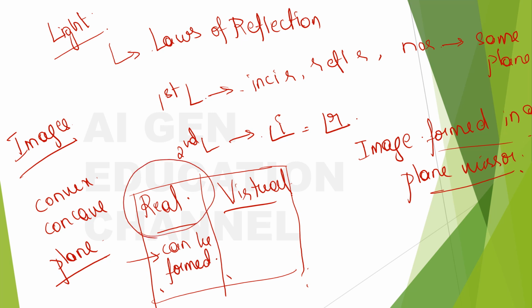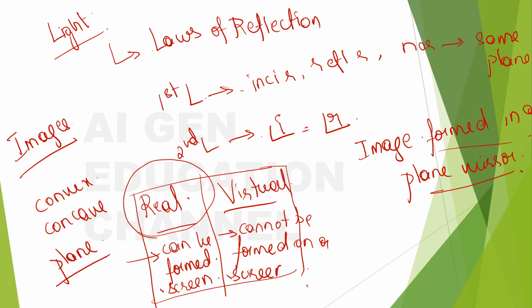In the virtual image you can't see it on the screen because it's virtual. It appears to be there, but actually it is not there, so it cannot be formed on a screen. Okay, this is the basic thing that you have to understand.